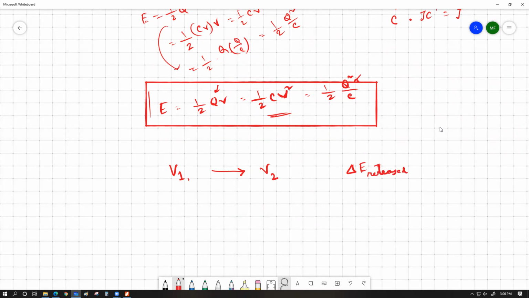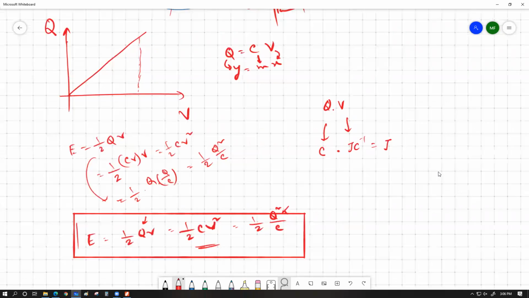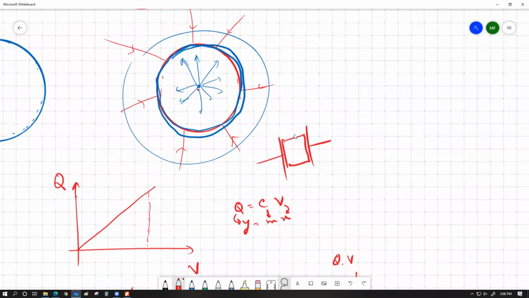Whenever I say the energy is released, which one do you think is the bigger value between these two? Will V1 be bigger or V2? Let me rephrase this question. If energy leaves a capacitor, will the voltage difference across the two plates decrease or increase?